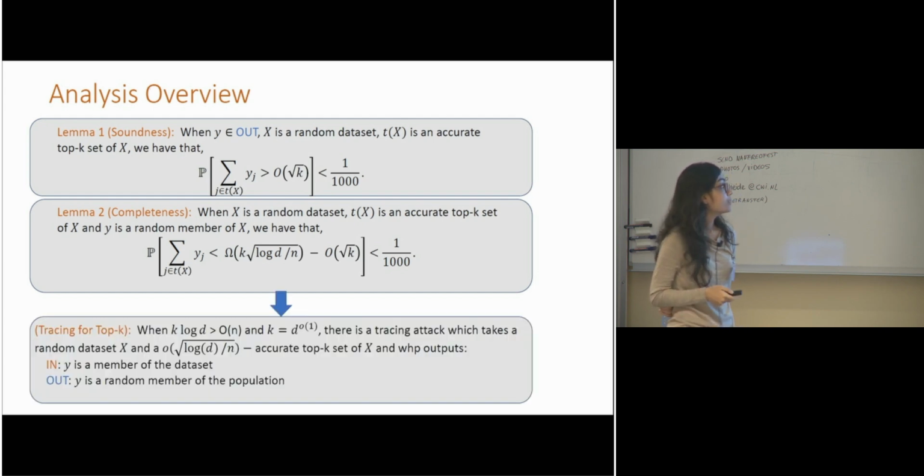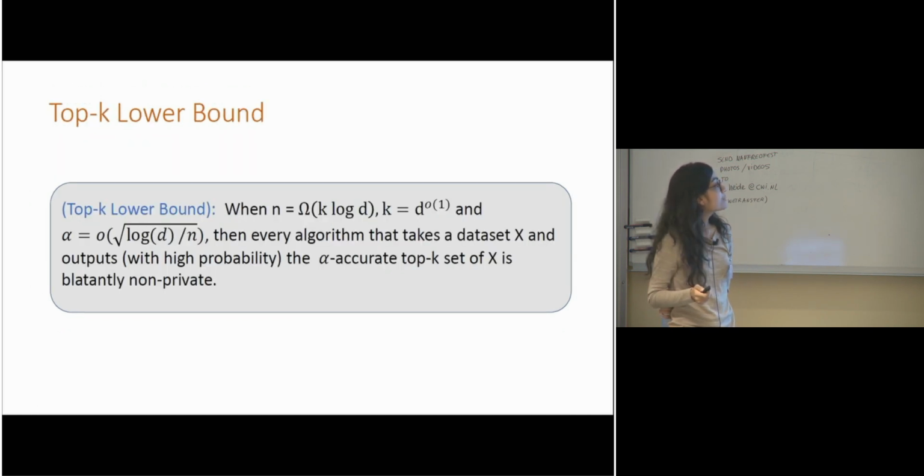And therefore you get a tracing attack for this case. And hence, since tracing implies a differential privacy lower bound, we get that when the number of samples is below k log D, you cannot release the top-k set with high accuracy.